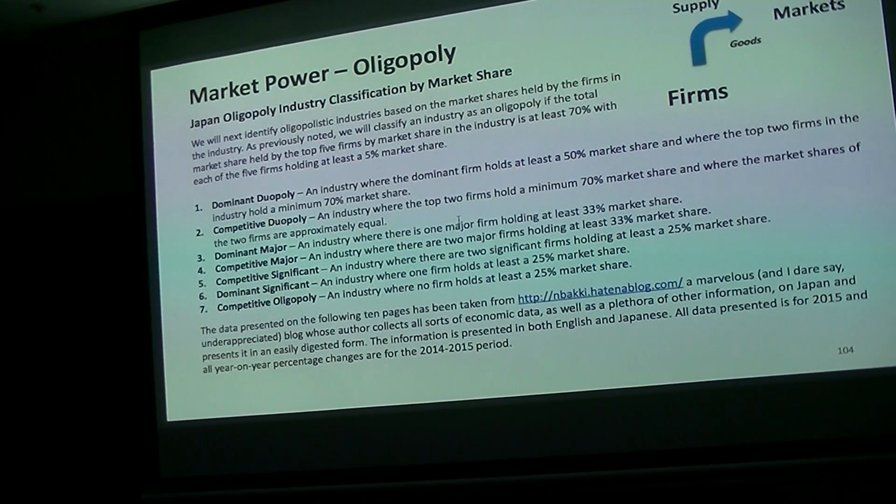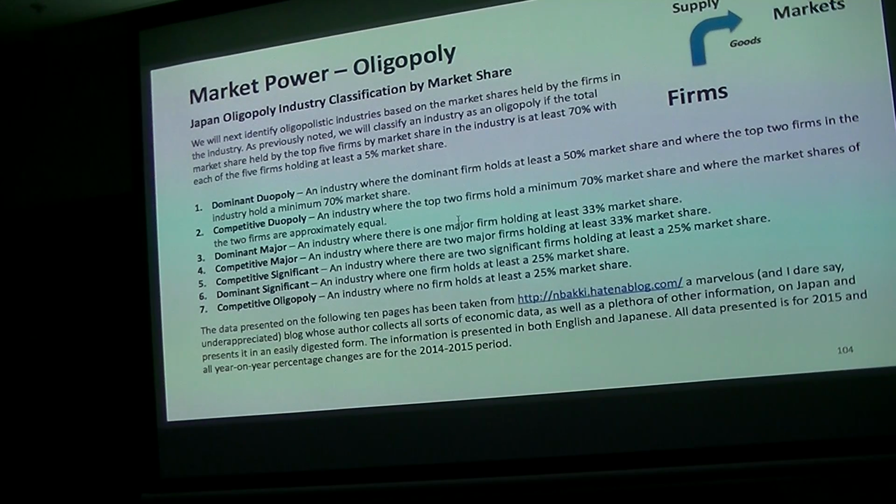Competitive duopoly: the top 2 firms hold a minimum 70% market share, and the market shares are approximately equal. There are definitely markets like that. Dominant major: one firm holding at least 33% market share. Competitive major: at least 2 firms with 33% market share. Obviously, if you have 2 firms with 33% market share, the third firm probably doesn't have a very high market share, so it's almost like a duopoly.